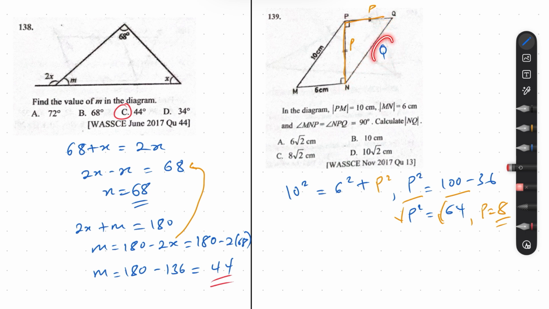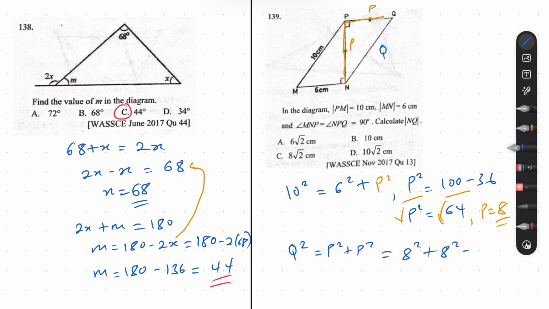Pythagoras theorem. So that will be Q squared is equal to P squared, which is this side, plus P squared again, which is this side. So we have 8 squared plus 8 squared.